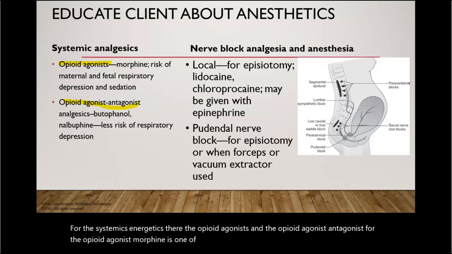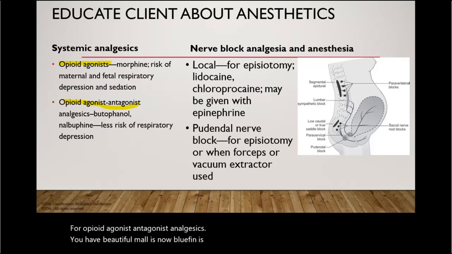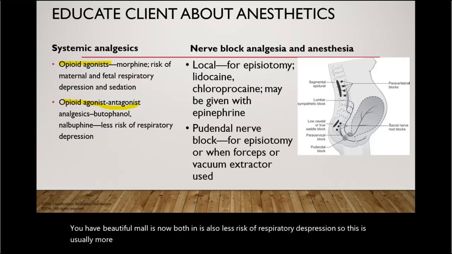Always remember, with the use of morphine, there's a risk of maternal and fetal respiratory depression and sedation. For opioid agonist-antagonist analgesics, you have butorphanol, now nalbuphine. There's also less risk of respiratory depression, so this is usually more preferred.